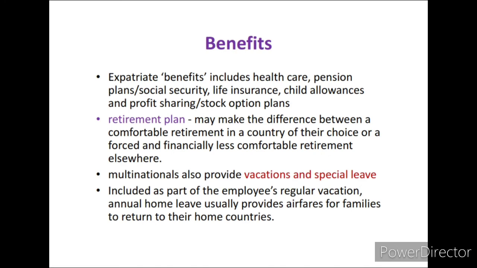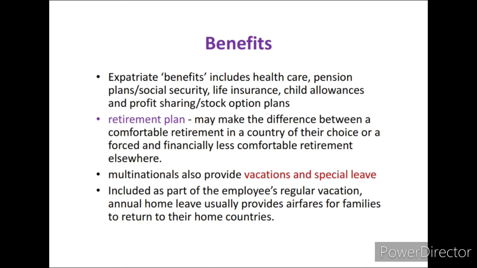Allowances done, the next component for determining the expatriate's compensation is benefits. Expatriate benefits include healthcare, pension plans, social security, life insurance, child allowances, profit sharing, and some companies offer shares also, that means stock options will also be provided. So these are the benefits for an expatriate.